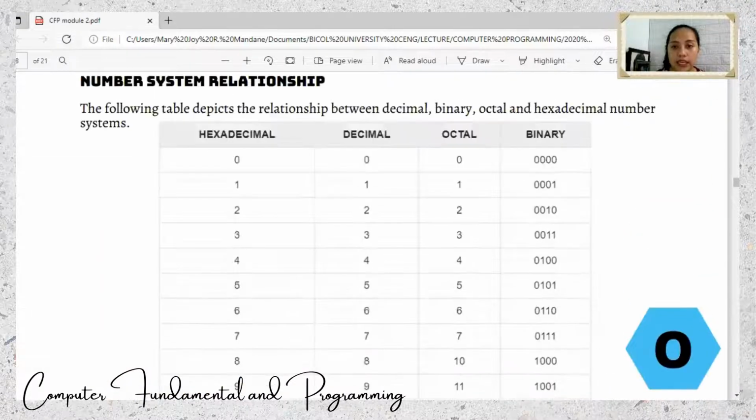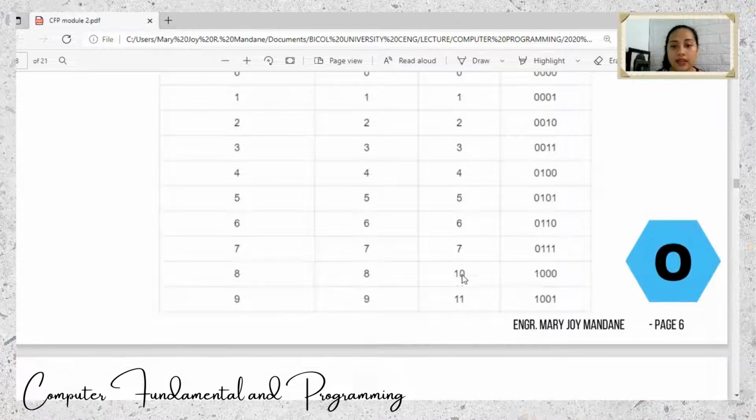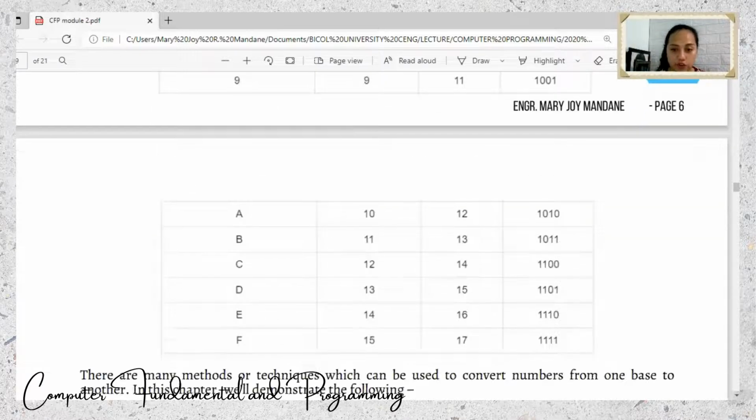Okay, how about the octal? 0, 1, 2, 3, 4, 5, 6, 7. And since it's octal, the eighth number starts at 10. After that it's 10, 11, 12, 13, 14, 15, 16, and 17, since octal only uses 0 to 7.